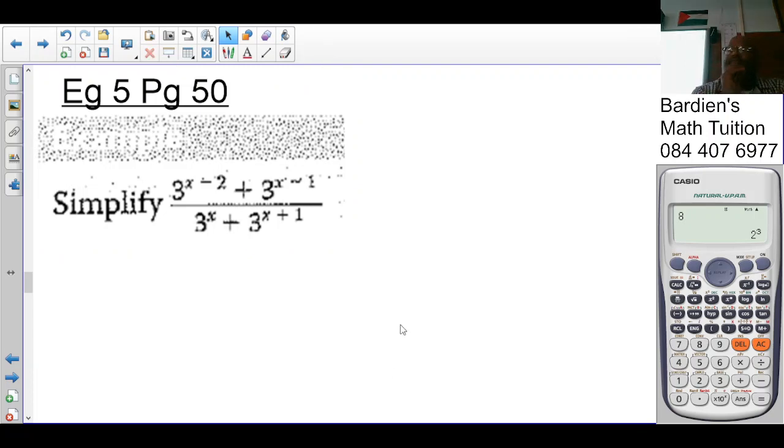Then what do we do? Take out the common factor. So take out the common factor. You all with me?